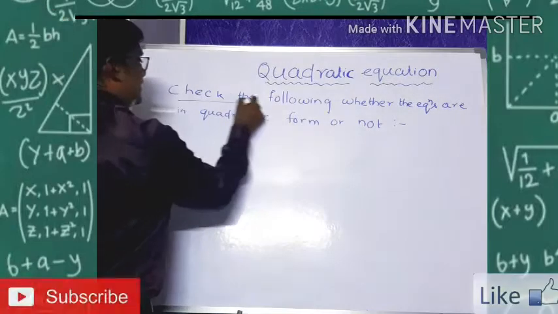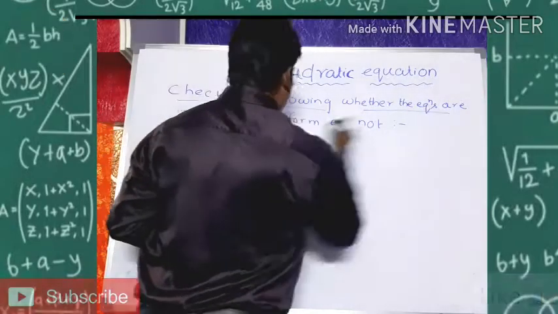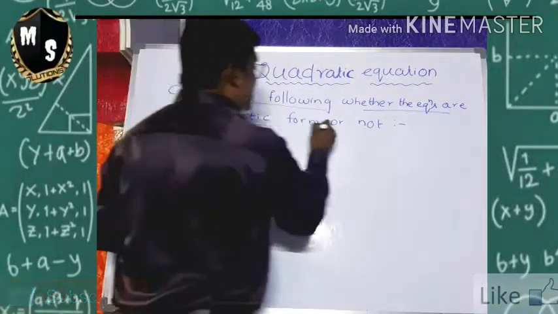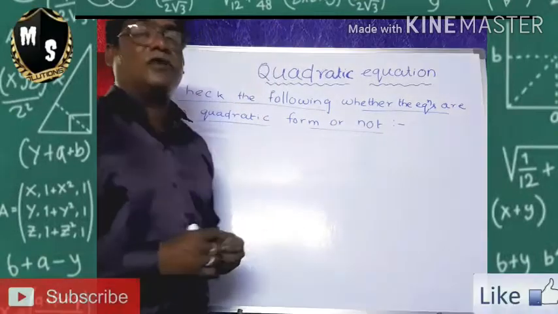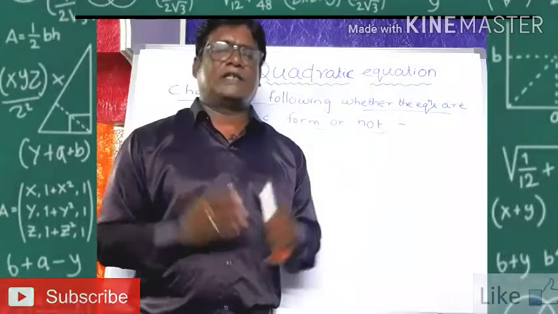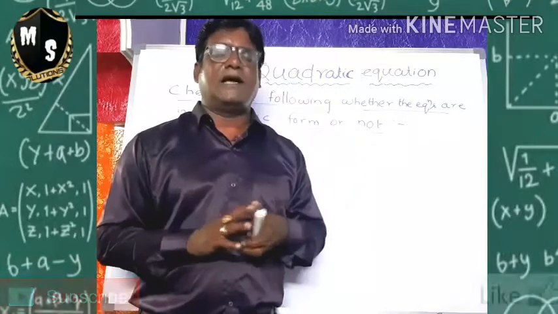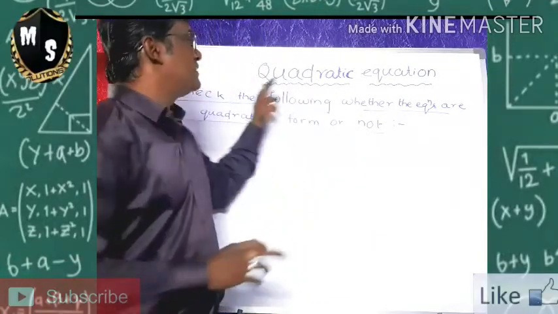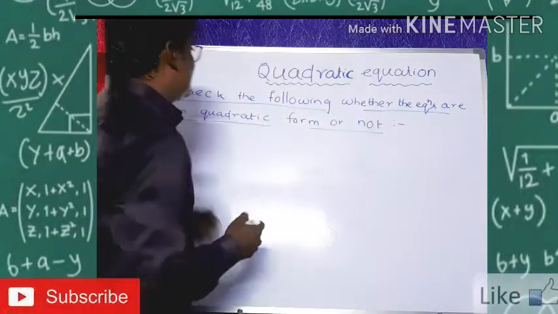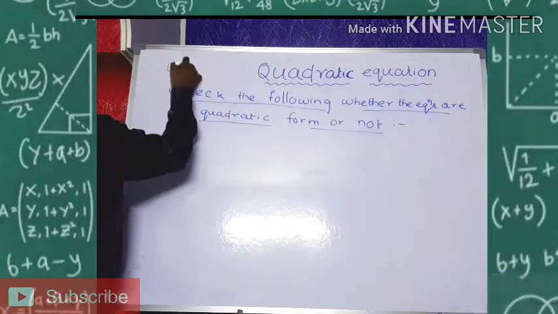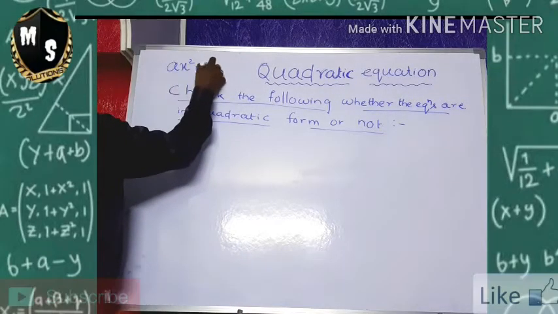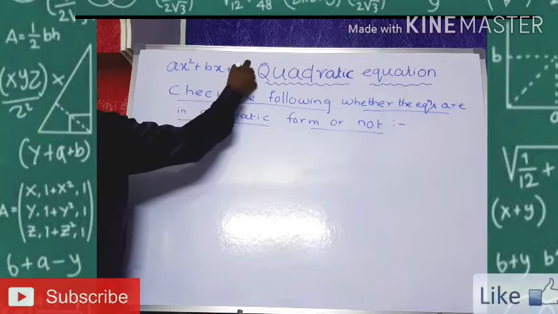So we are going to check an equation. After checking the equation, we have to say whether it is in quadratic equation format or not. For better understanding, I am saying a quadratic equation is always available in the format ax square plus bx plus c equal to 0.